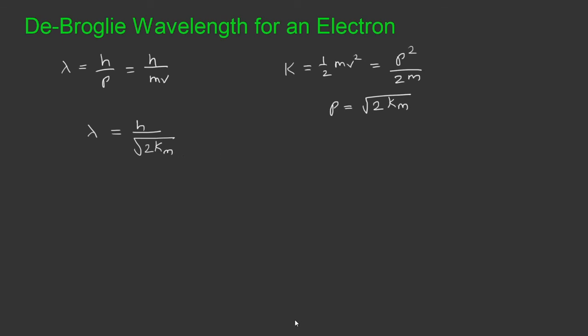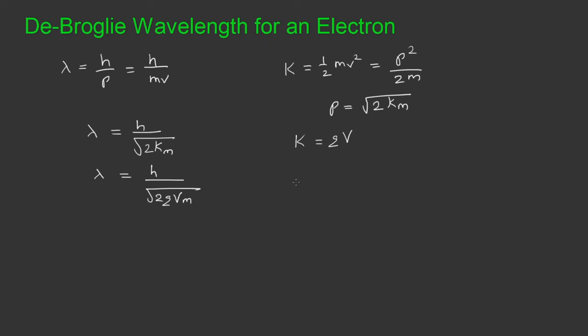If a charge q is accelerated by a potential difference V, then it gains a kinetic energy K is equal to qV. Therefore, de Broglie's wavelength can be written as lambda is equal to h by square root of 2qVm, where q is the charge, V is the potential difference, and m is the mass of that charged particle.